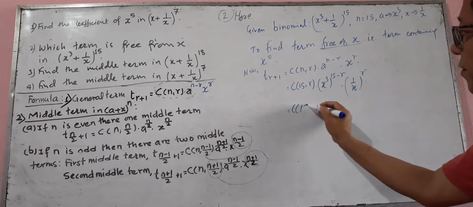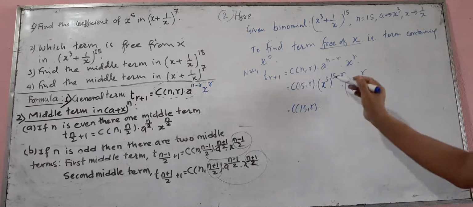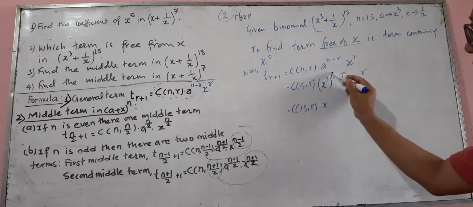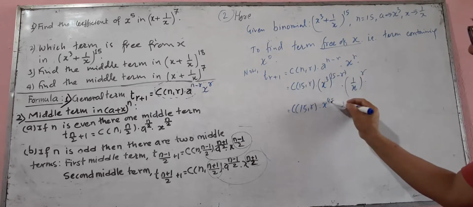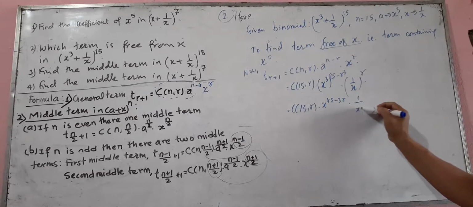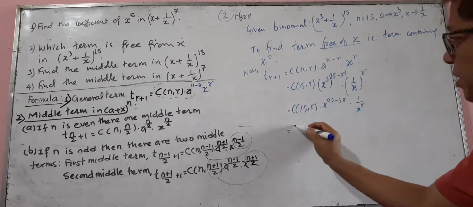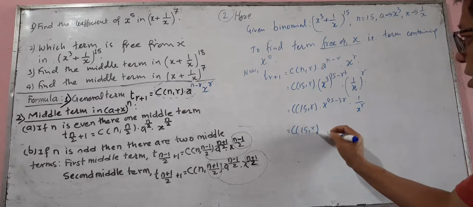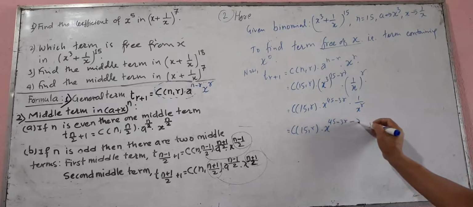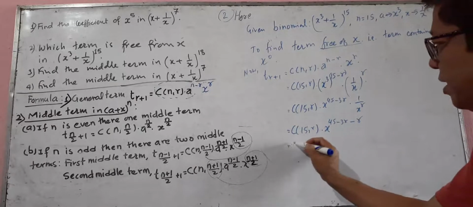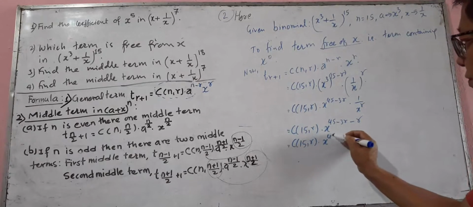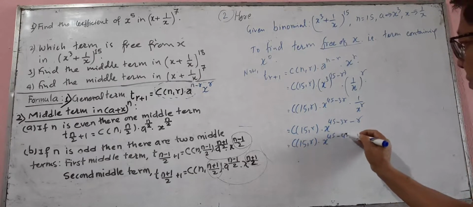So C(15,r) times x^(45 minus 3r) into 1 by x^r. This equals C(15,r) times x^(45 minus 3r minus r), and this equals C(15,r) times x^(45 minus 4r).